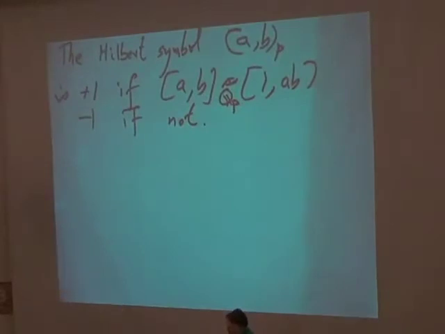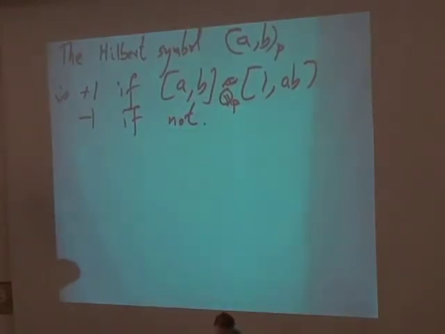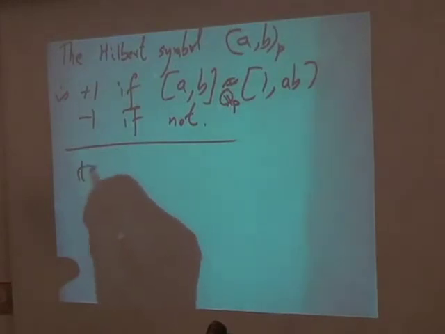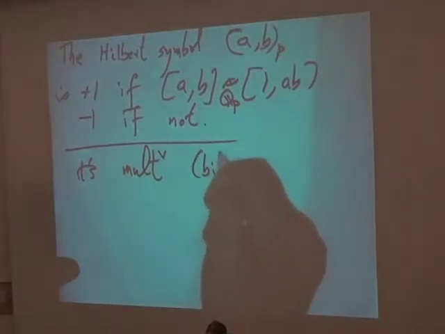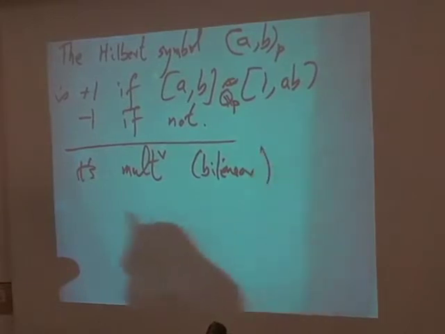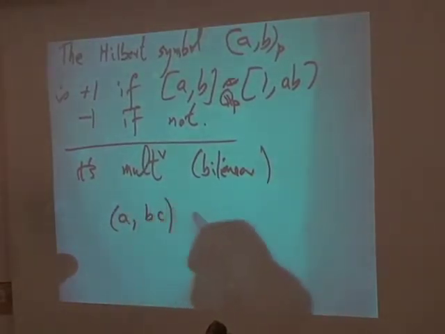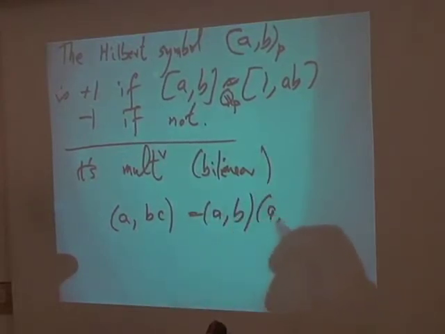So what does that mean? Right, it's multiplicative. Another word for it is bilinear. And what does that mean? (A, BC) is equal to (A, B)(A, C).